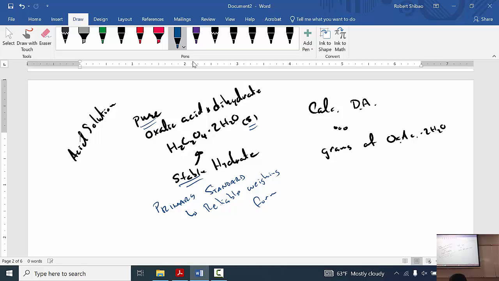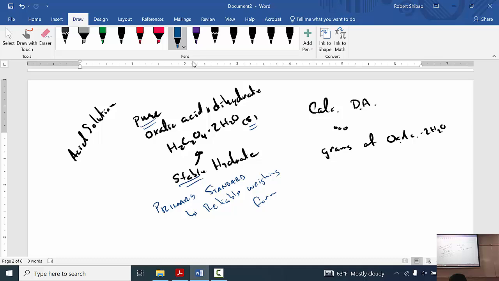Whereas with a burette, how many sig figs can we get from a burette? Well, 2 decimal places, which means 3 sig figs from 0 to 10. Let's say 9.xx, that's 3 sig figs. And then past 10, we could get 4 sig figs.